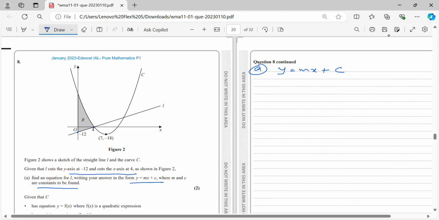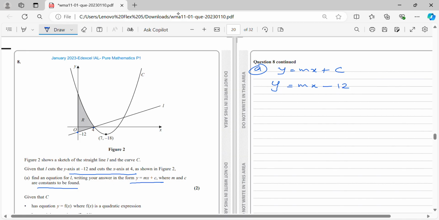Find an equation for L. L cuts the y-axis at -12, so it means that the y-intercept, which is c, is -12. So y equals mx minus 12.